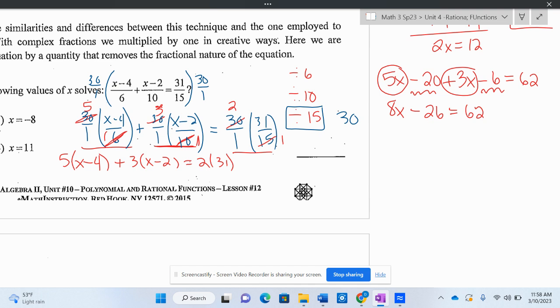What next? Add 26 to both sides. Yeah, for sure. So that gives me 8x equals 88, which means that x equals 11. Whew, that's a lot of work to find out that x equals 11, and our answer is number 4.